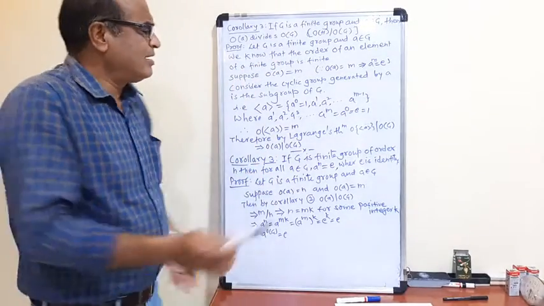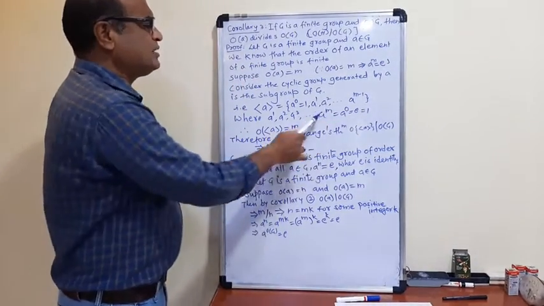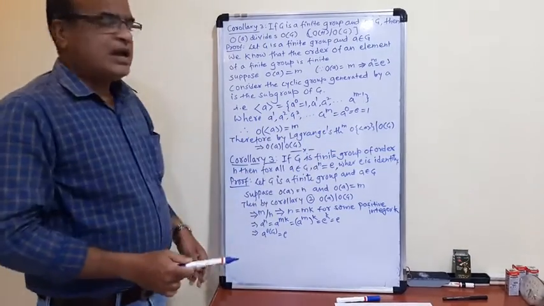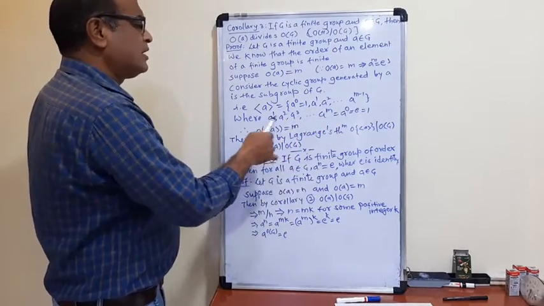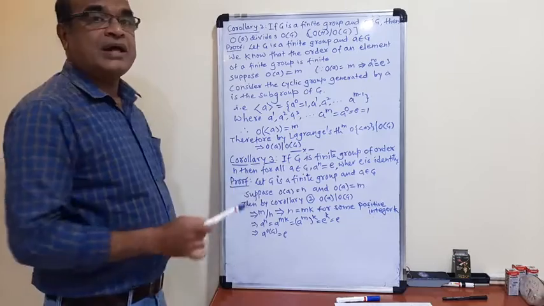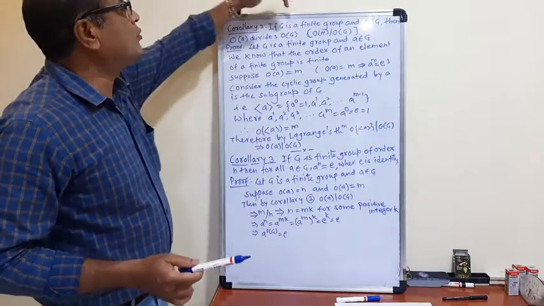So the elements of this cyclic group are in this form, and this is a subgroup of the group G.